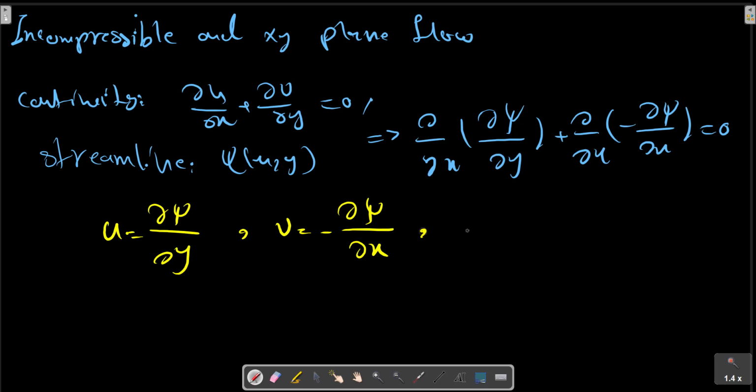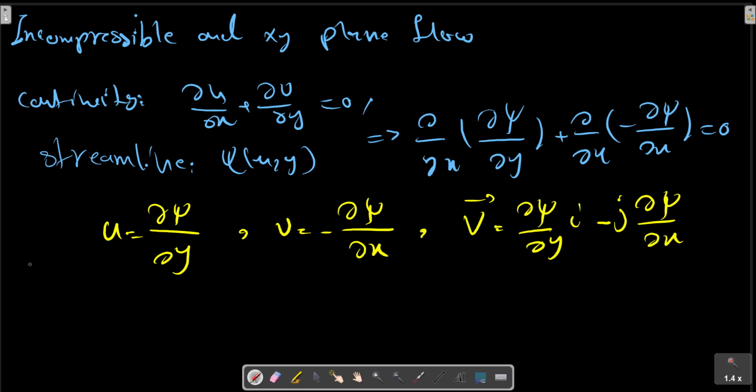And we can write the velocity vector as a function of psi as this function.